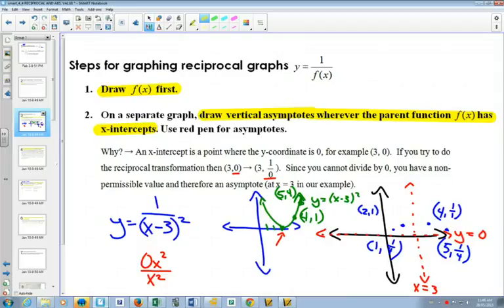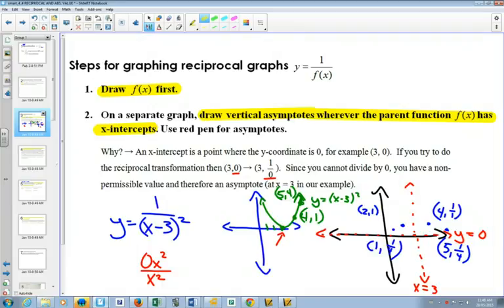If you have key points like maximums or minimums, or if you know where the y values are equal to 1, those are good points to do. But it's not a necessity that you always have to do a maximum or a minimum, or a graph might not have them.